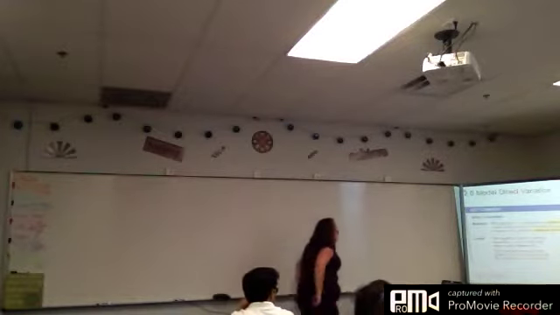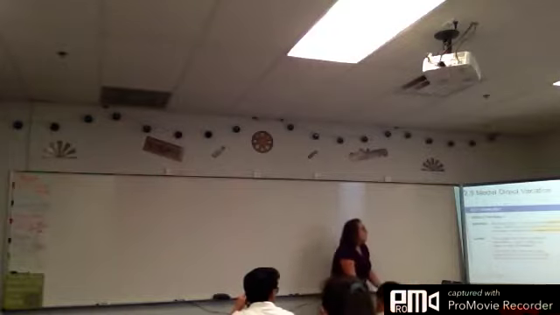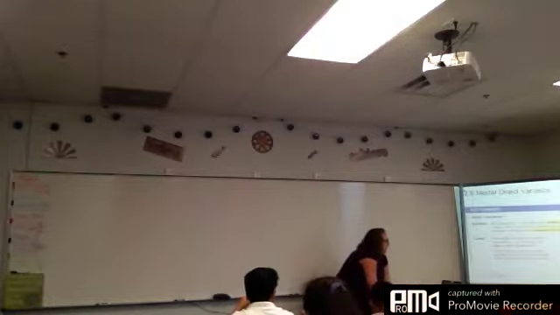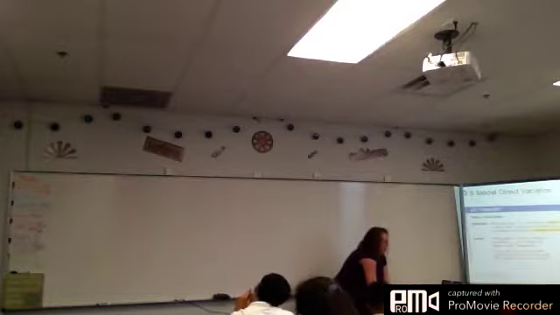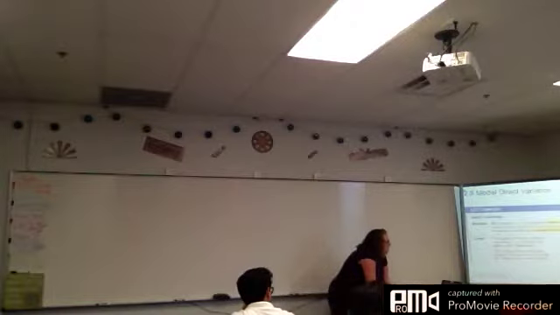So direct variation, the equation y equals a times x, represents direct variation between x and y, and y is said to vary directly with x. The non-zero constant a, so a has to be a number, it cannot be zero, is called the constant of variation. So it tells me how it's affecting y.